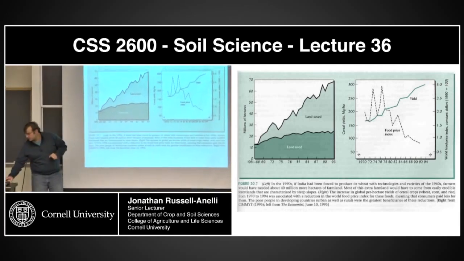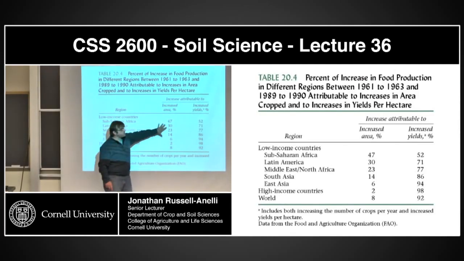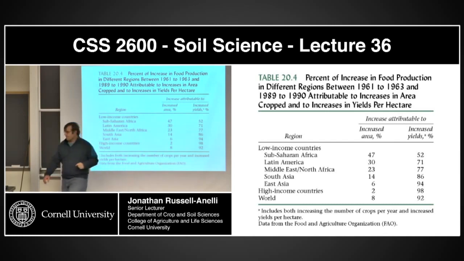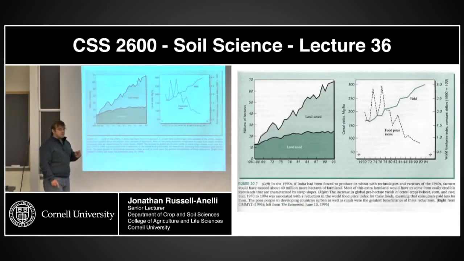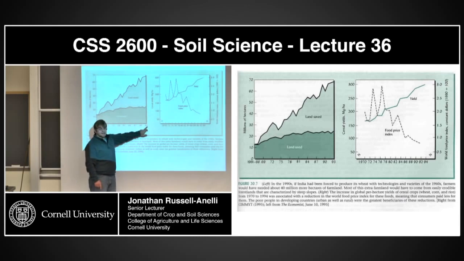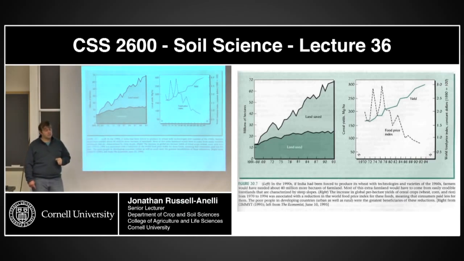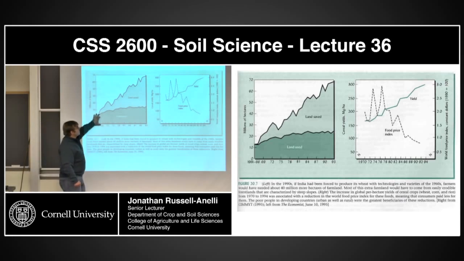If we look at this component, increased area versus increased yield: if India had not had increased yield from 1960 to basically 1993, this line represents how much land they would have had to use if they had not increased yield per hectare. This line represents the amount of land used to grow the food that they grow today.